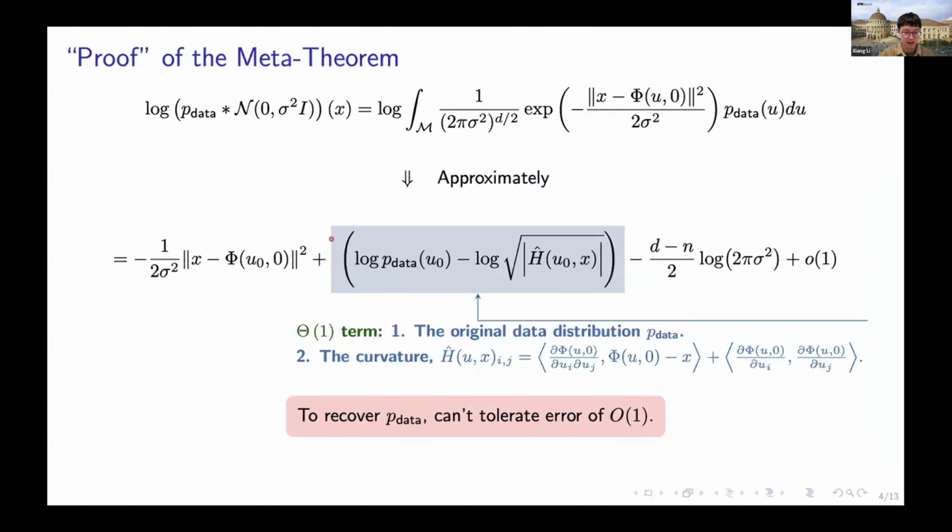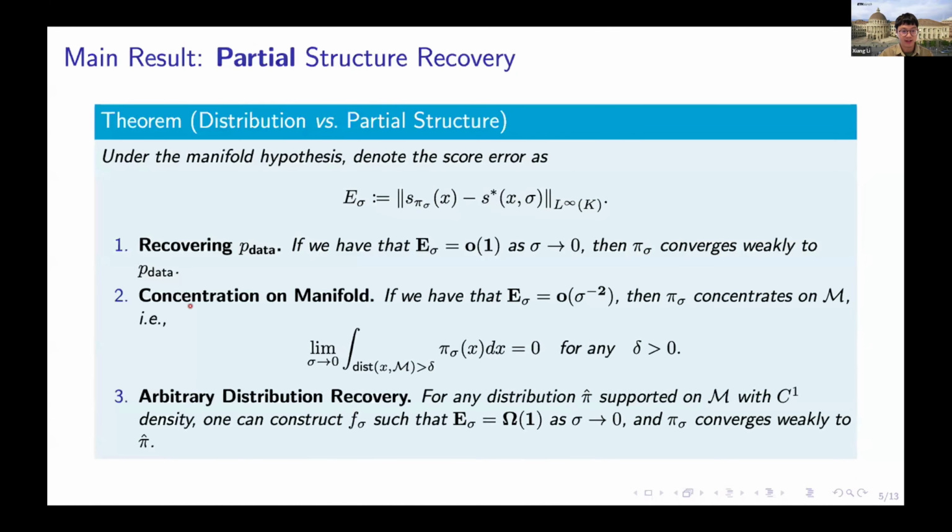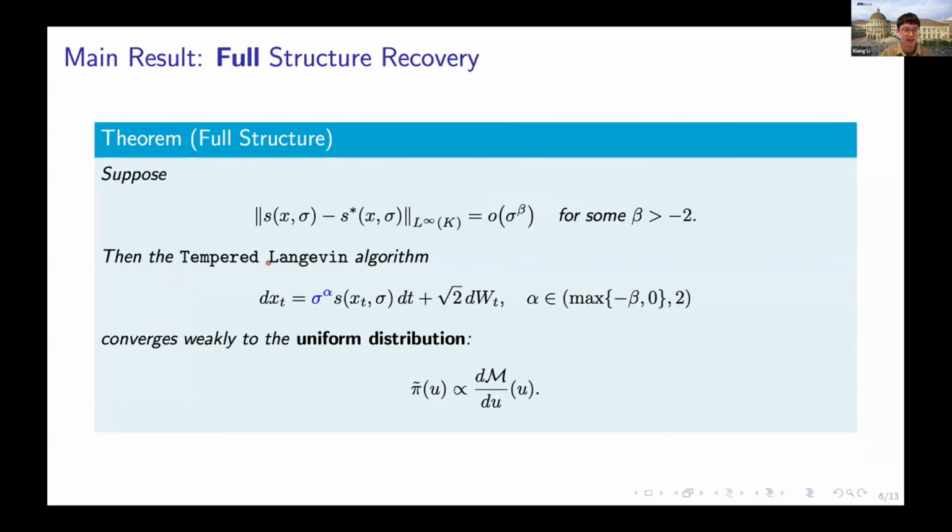Maybe if we don't care about the data density, if we don't target producing p data, we can do better at recovering the geometry. Our next theorem states that if we run a tempered Langevin algorithm, tempering the temperature parameter in the Langevin dynamics with an inexact score, we can recover the uniform distribution on the manifold. The score error tolerance can be small o of sigma to the beta for some beta greater than -2.